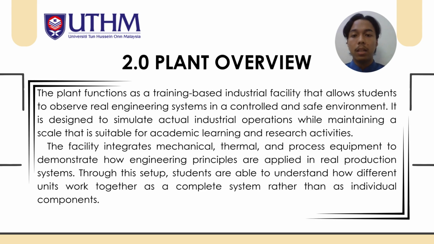The facility integrates mechanical, thermal, and process equipment to demonstrate how engineering principles are applied in a real production system. Through these setups, students are able to understand how different units work together as a complete system rather than as individual components.